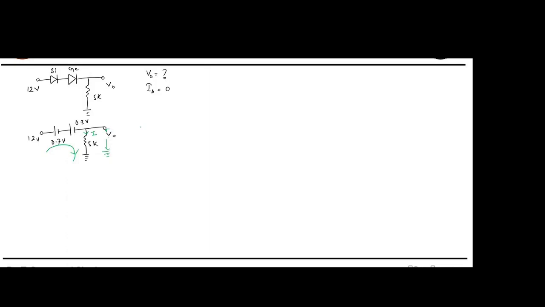So apply KVL: 12 minus 0.7 minus 0.3 minus V naught is equal to 0. Then you get V naught equal to 12 minus 1, that is 11 volt. Fine? What about I? With this, you can solve it.